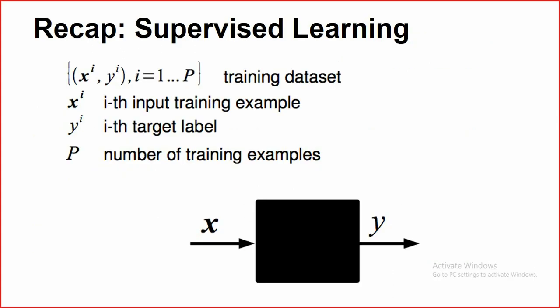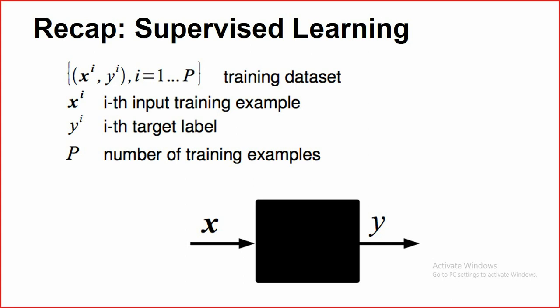Okay, first of all, the CNN is a method which uses supervised learning. As you know, in supervised learning, we have some training samples, and for each sample we have a target label. Here, x_i is the ith input training example, and this is the ground truth label, the target label.